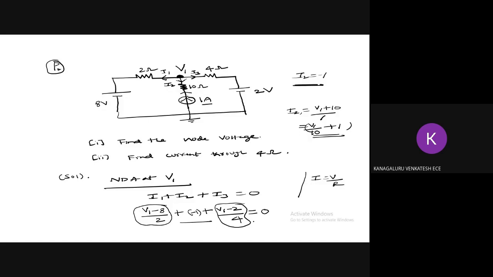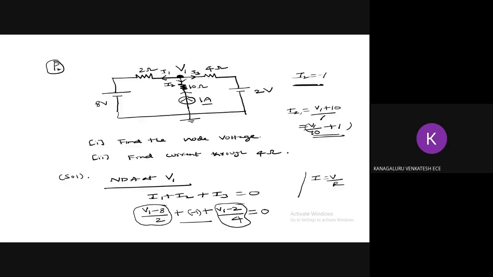So V1 minus 8 divided by 2, minus 1, plus V1 minus 2 divided by 4 equals 0. Just take the LCM. LCM is 4. V1 minus 8 into 2, minus 4, plus V1 minus 2 into 1, whole divided by 4 equals 0.